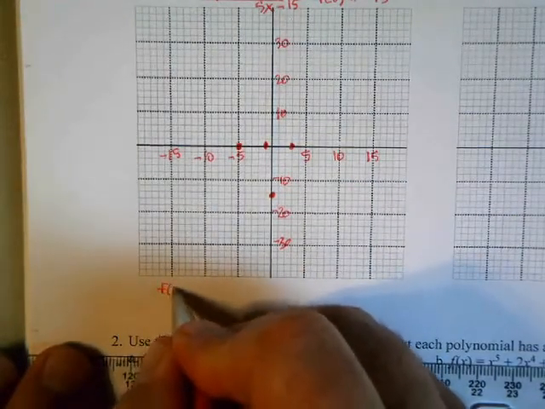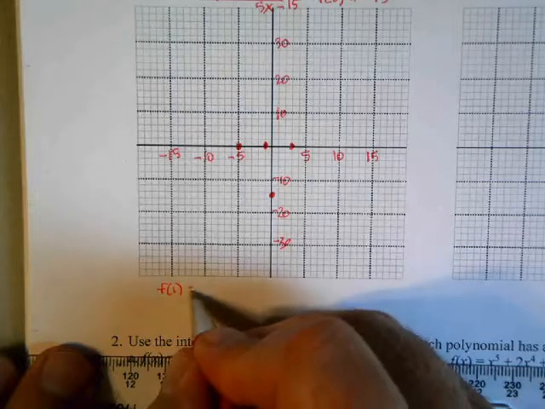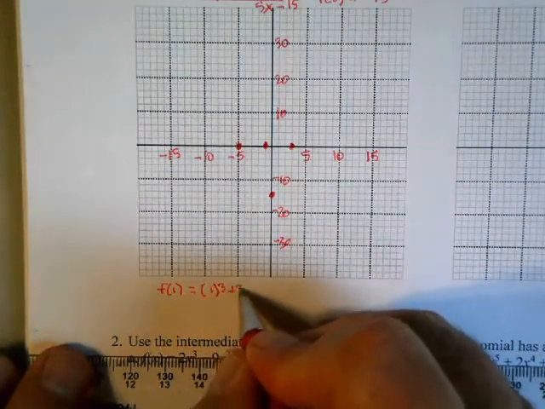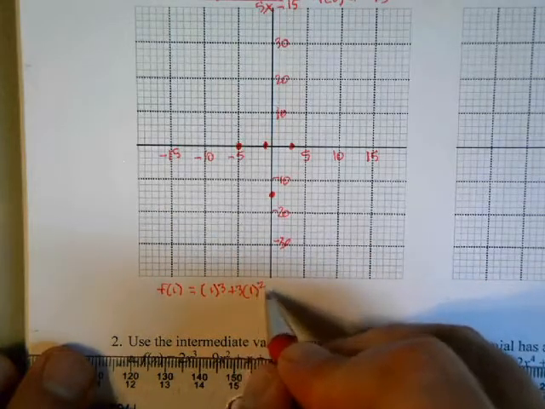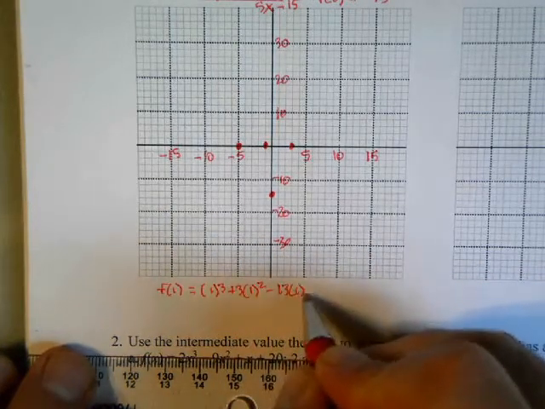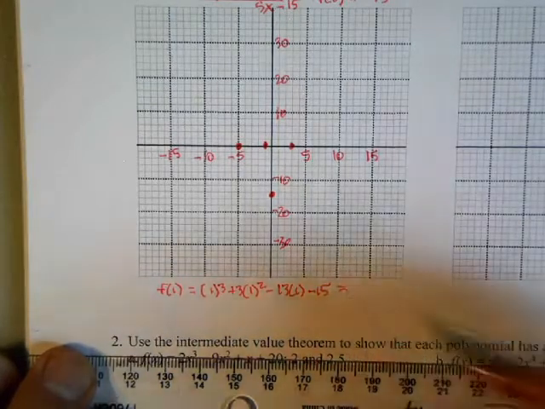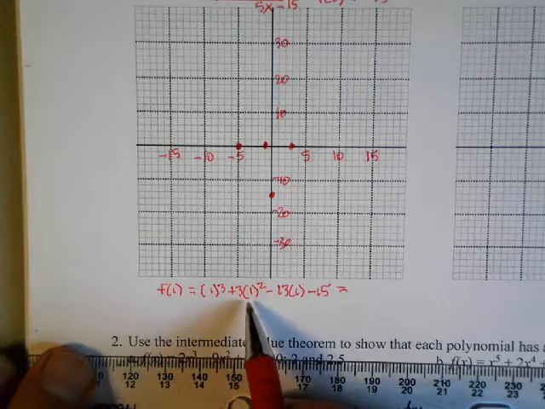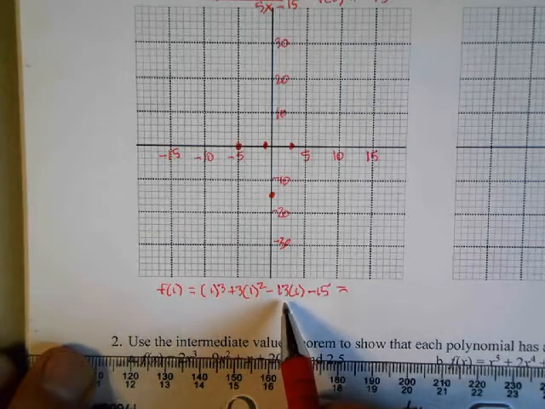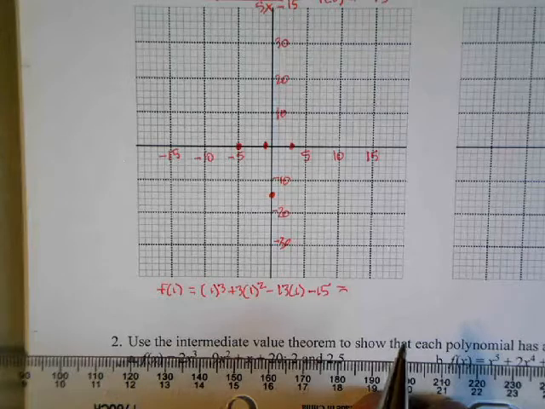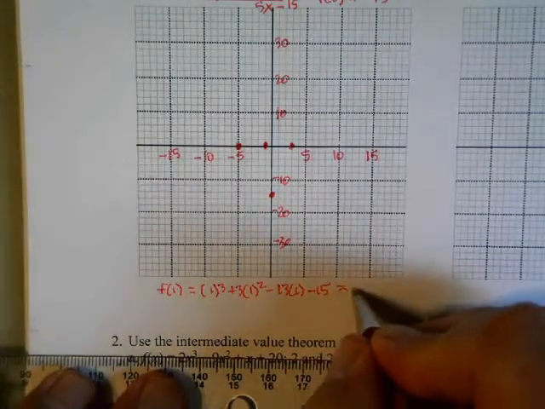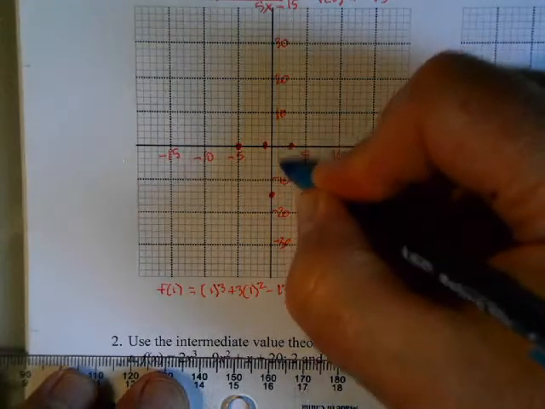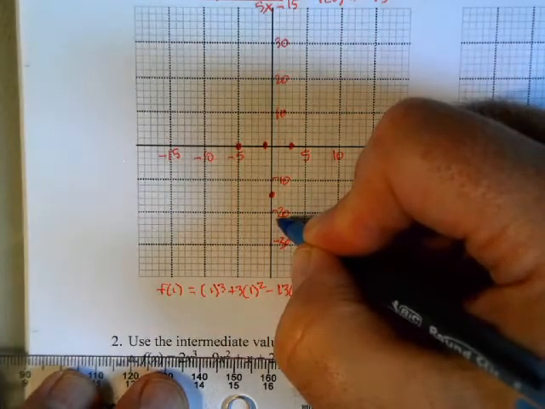If I put in f of 1, I'm going to get 1 cubed plus 3 times 1 squared minus 13 times 1, subtract 15. And this is going to be, let's see, 1 plus 3 is 4, minus 13 is minus 9, minus 9 minus 15 more, that's negative 24. So at 1, here's 1, we're going to be at negative 24, which would be, let's see, 22, 24, that's going to be down here.